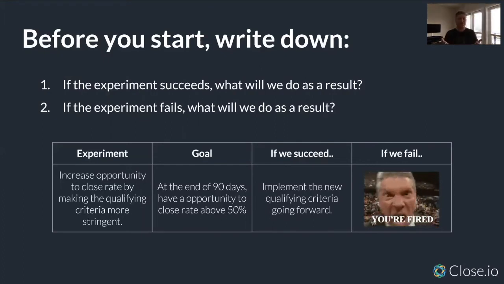So, using the example of opportunity to close rate, increasing that number, you have the goal, you have what you're going to do if you succeed. And then if you're going to fail, what are you going to change? I have, instead of "you're fired", it should probably be, if you can't increase your opportunity to close rate, that probably means that your leads are poor and you need to go back to the drawing board in terms of where your leads are coming from. So that's what you actually should put there.